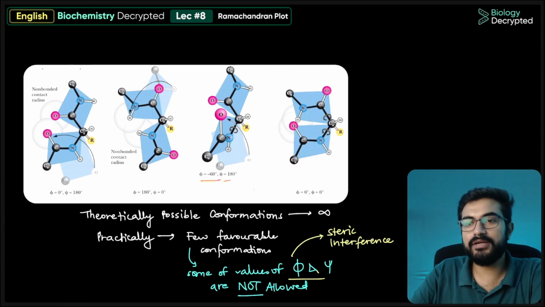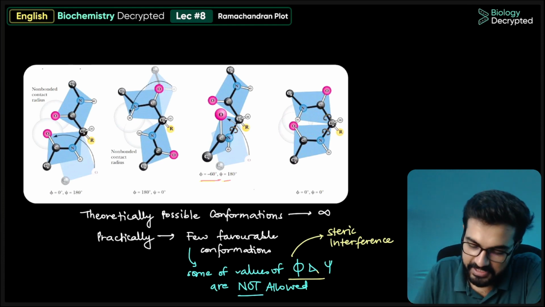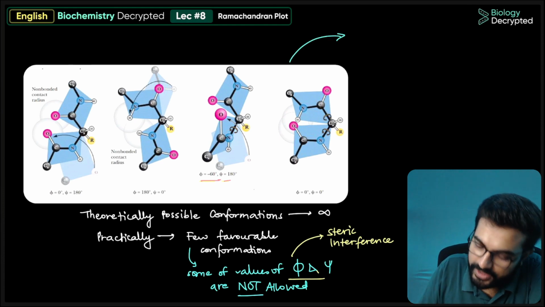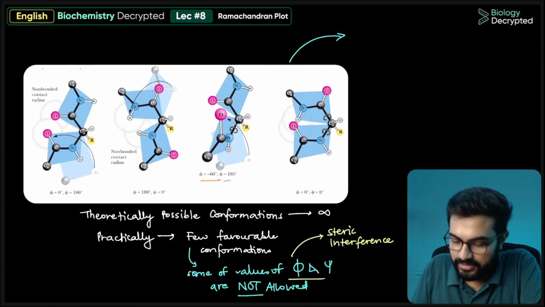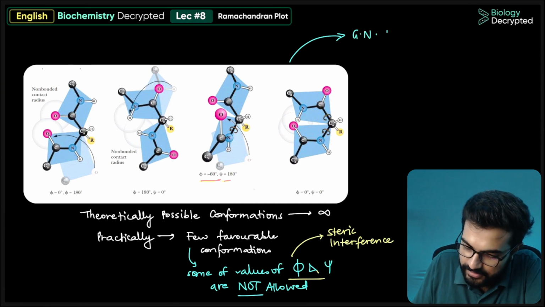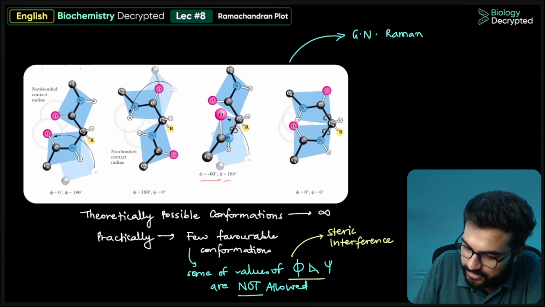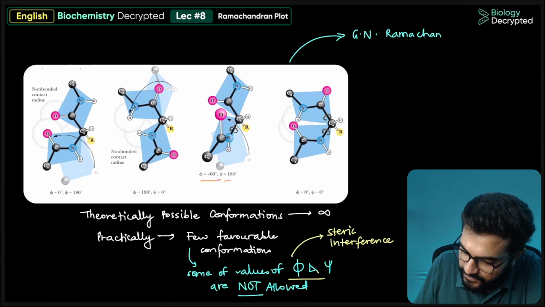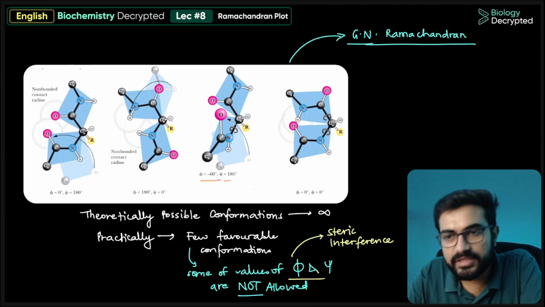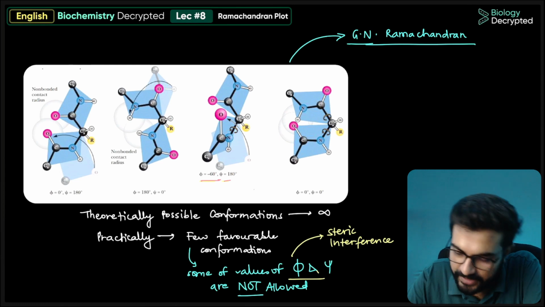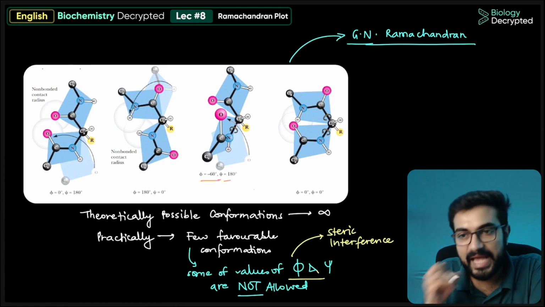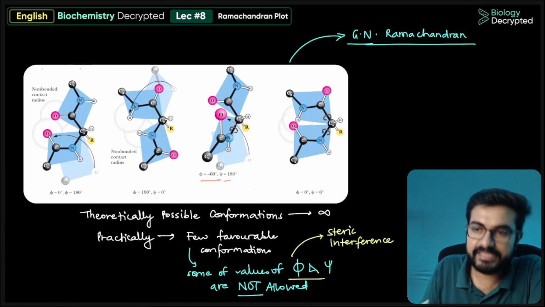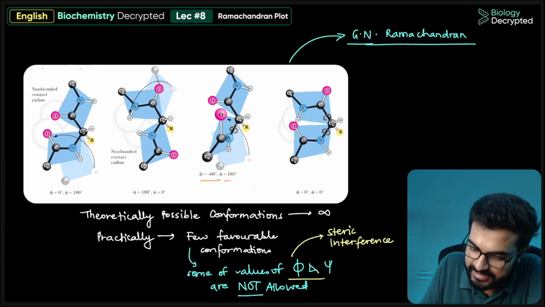And G.N. Ramachandran, famous Indian scientist working in Madras University, he and his co-workers, of course. Dr. Ramachandran, what did he do? The main thing he did is he actually plotted these angles.